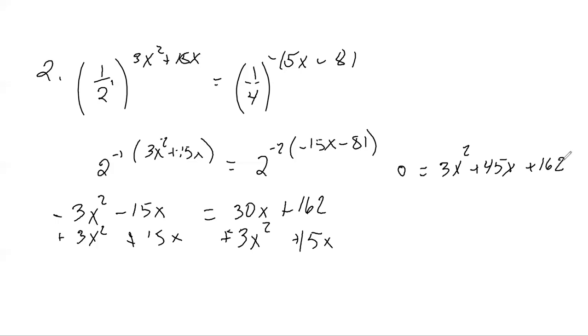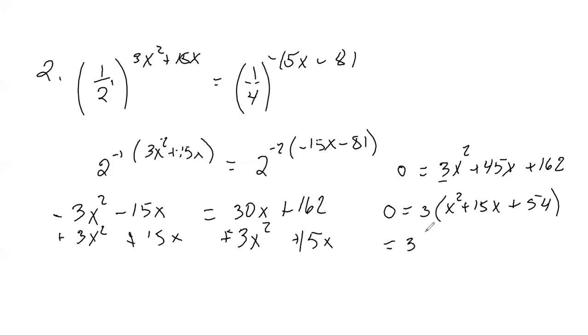Okay. Factoring out a 3, we have 0 is equal to 3 parentheses x squared plus 15x plus, what's 162 divided by 3? Shoot, I didn't say this one first ahead of time. It's going to be 54. Then I factor it.